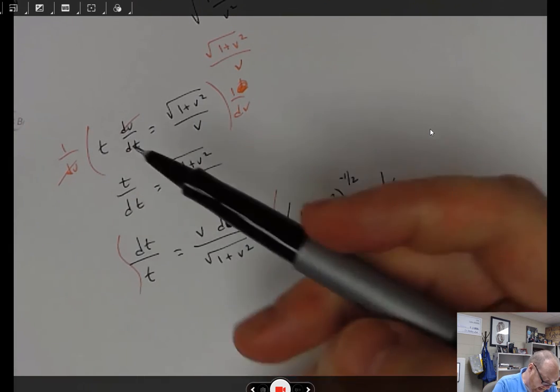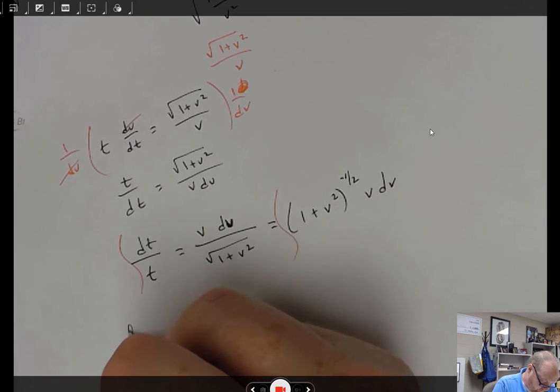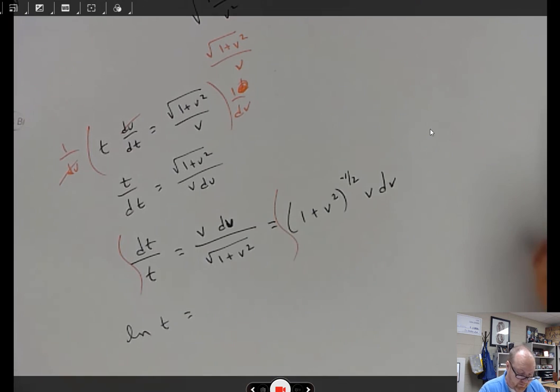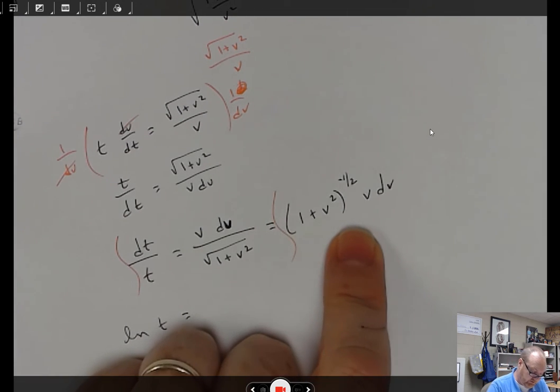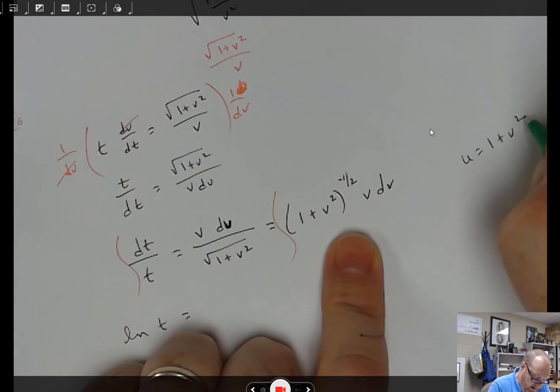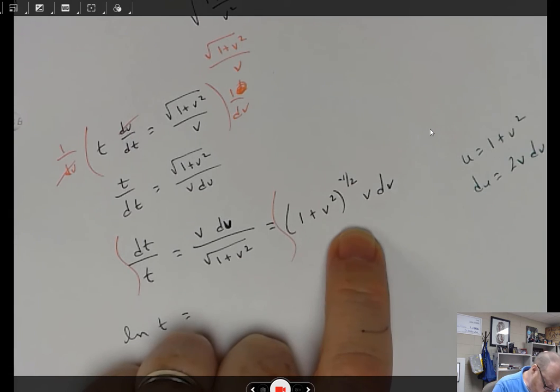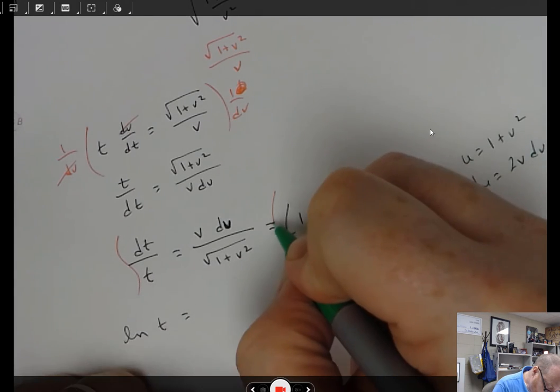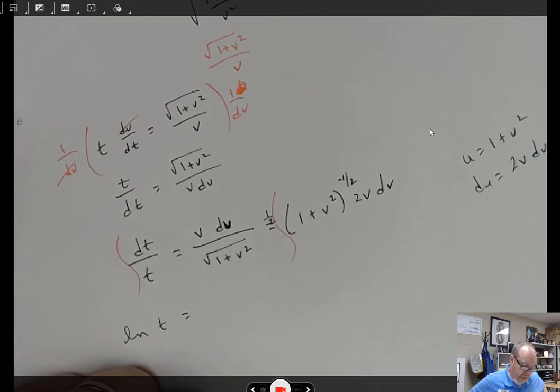So if I integrate the left-hand side, that's the natural log of t. And I believe the right-hand side is a u substitution. So if I choose u to be 1 plus v squared, then the derivative is 2v dv.